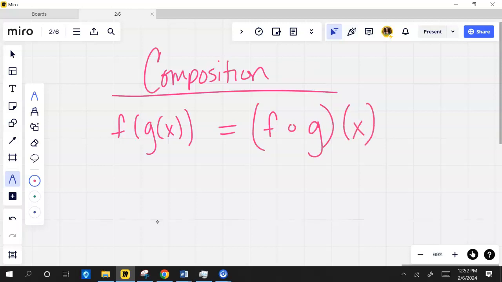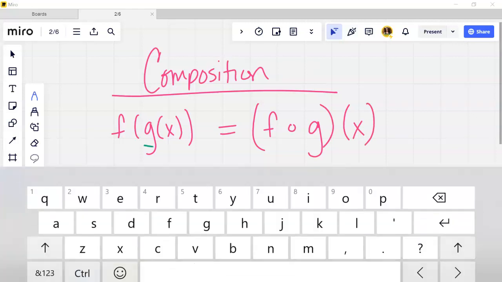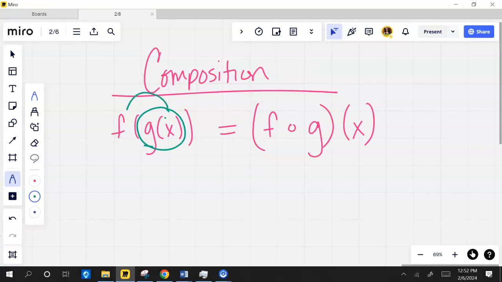And that's just a composition, and all that means is I take the innermost function and every x in f goes into the outermost function. That's what I'm doing right here.